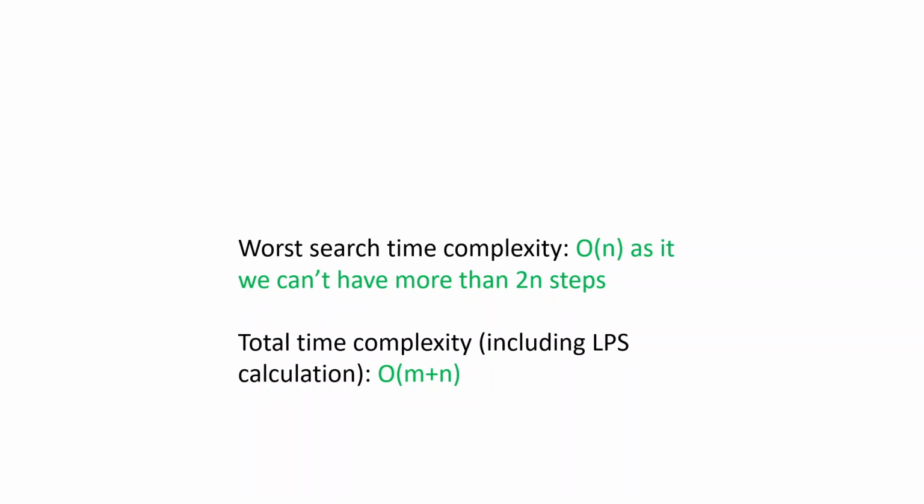So total time complexity of KMP algorithm is O(m plus n), which is again linear. So probably in some future video, I'll explain how we can do the LPS calculation in linear time, but I just wanted to concentrate on the search part here, and basically my intention was to keep the video short.